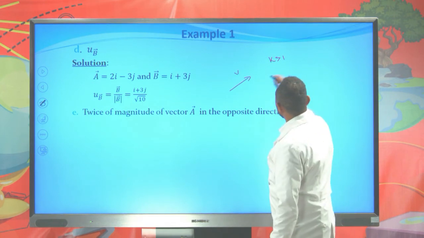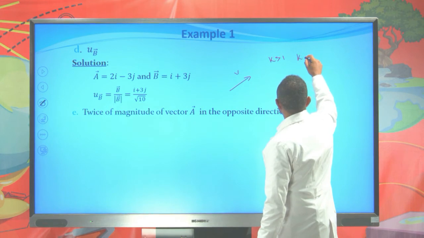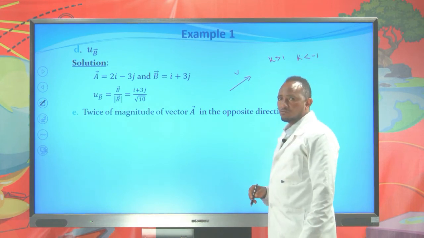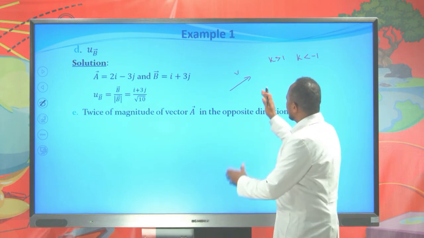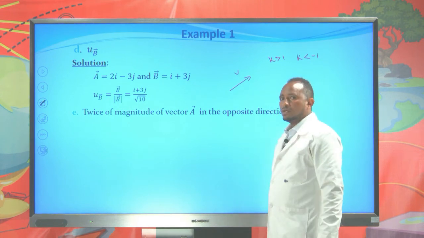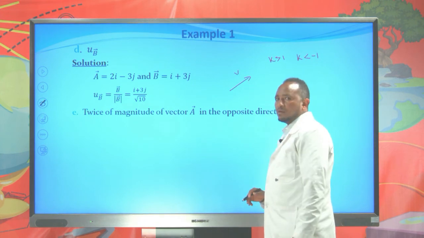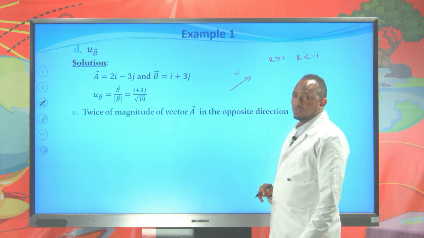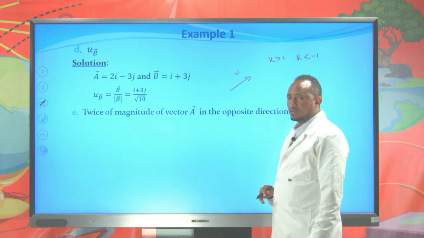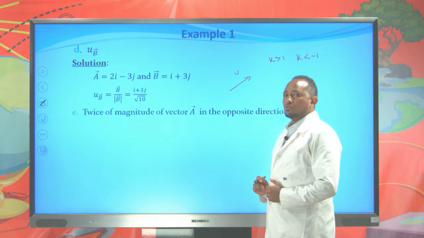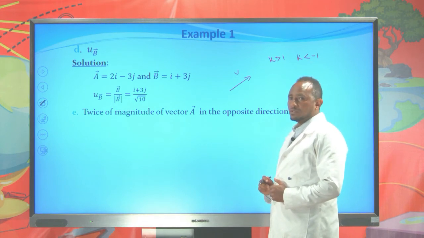If you multiply it by a negative number less than negative 1, the vector will be enlarged but in the opposite direction. If you multiply by numbers between negative 1 and 1, for the positive part, the magnitude of the vector will decrease in the same direction.